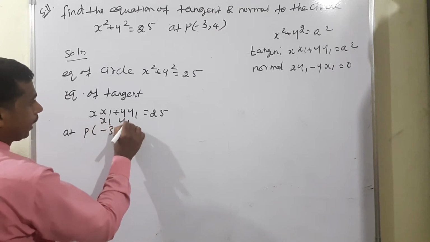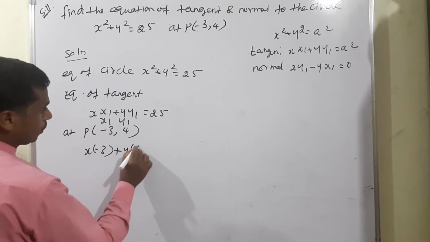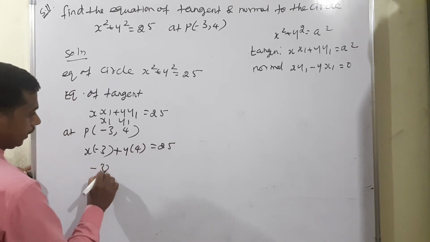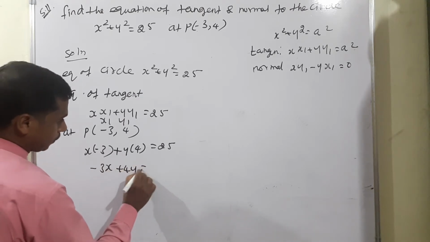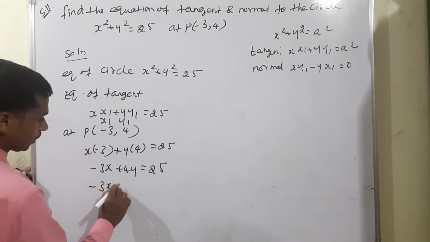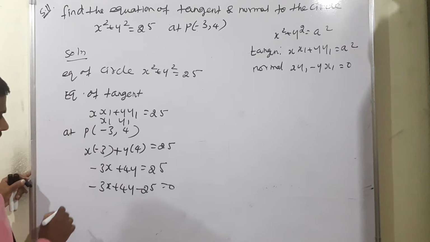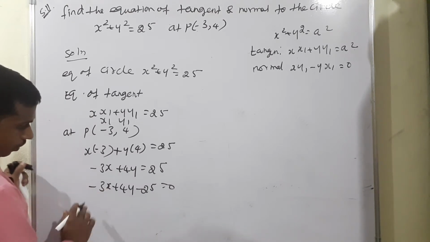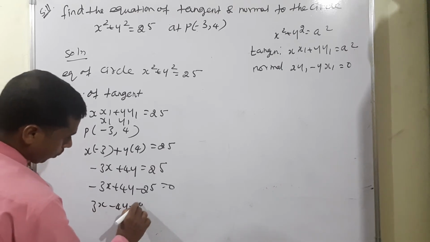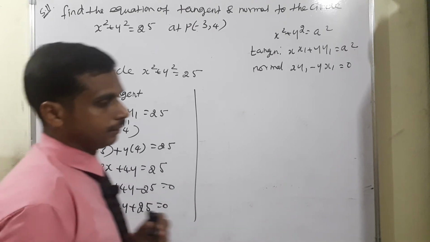Consider for x1 and y1: x into minus 3 plus y into positive 4 is equal to 25. Therefore minus 3x plus 4y is equal to 25. Again 25 bring it opposite side, means minus 3x plus 4y minus 25 is equal to 0. Starting with negative sign, so whole term sign change, means positive 3x minus 4y plus 25 is equal to 0. This is equation of tangent.